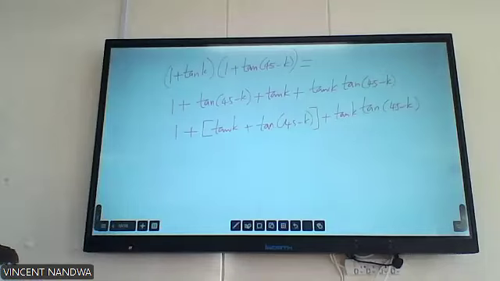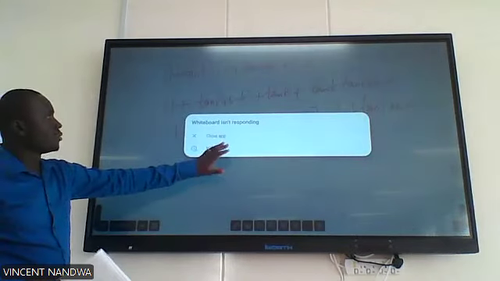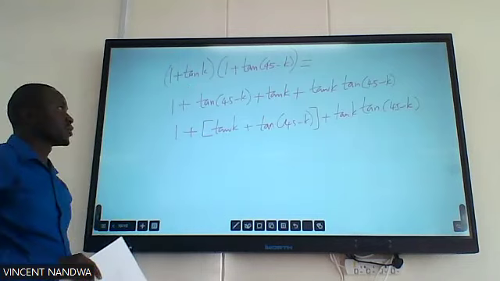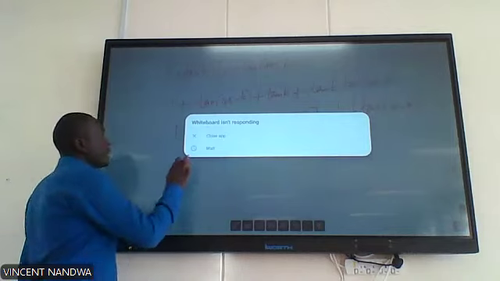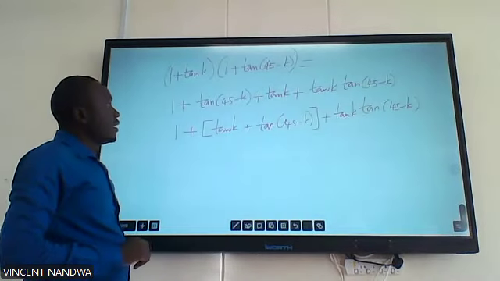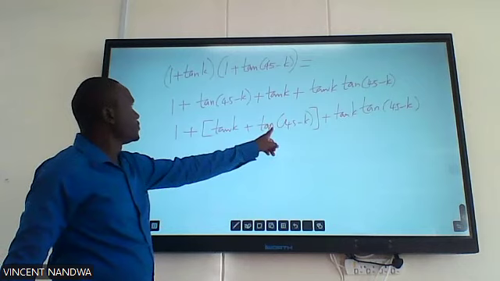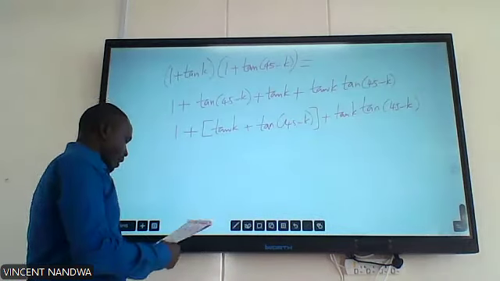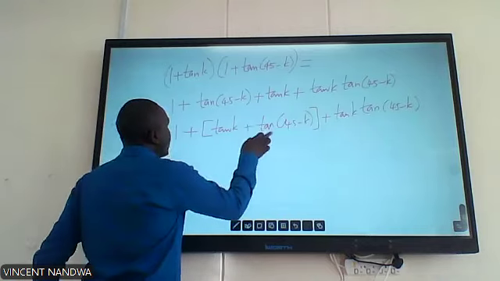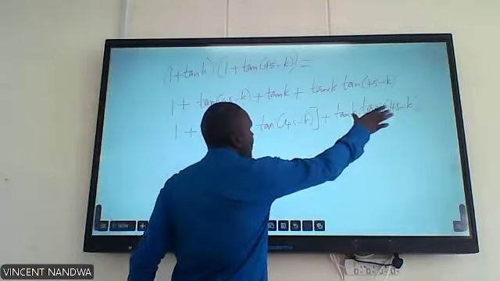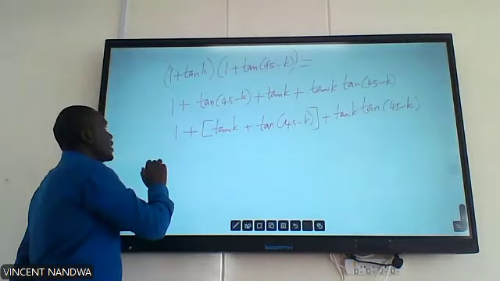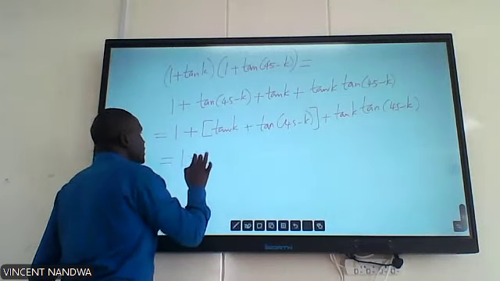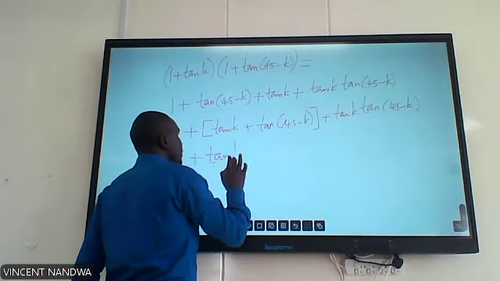So that's just rearranging the sample. We want to see how the simplification applies. So then I can force this term of this nature into this bracket by saying this is the same as 1 plus tan k.